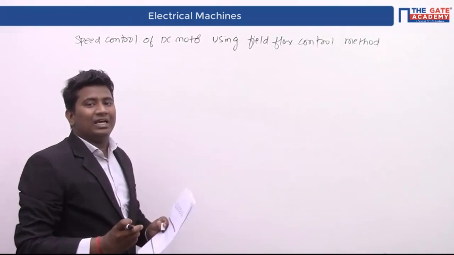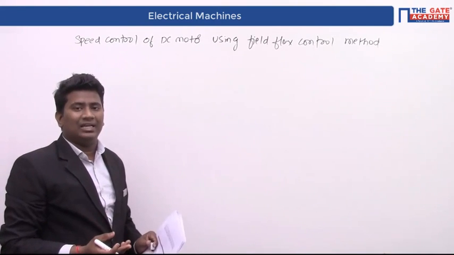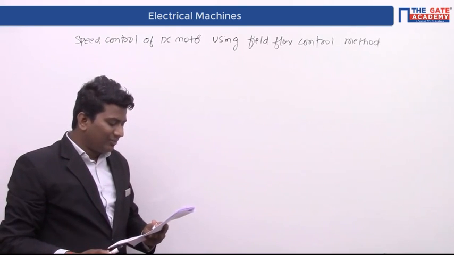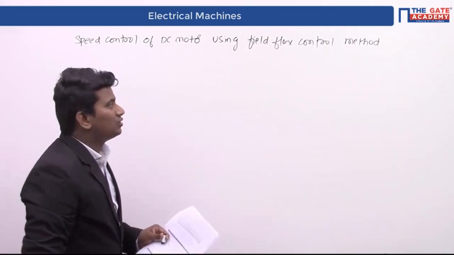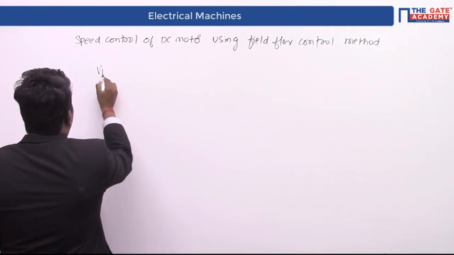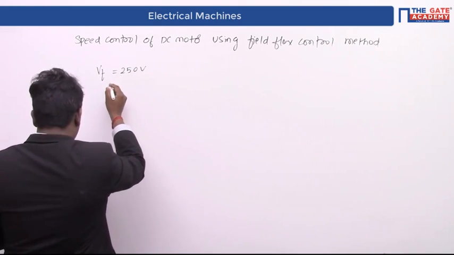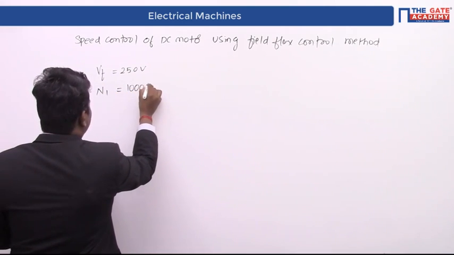What happens if the flux is suddenly decreased? What is the condition they have mentioned? The torque remains constant even though you reduce the flux by 20%. So what is the given data? Terminal voltage is equal to 250 volts. Speed is equal to 1000 rpm.